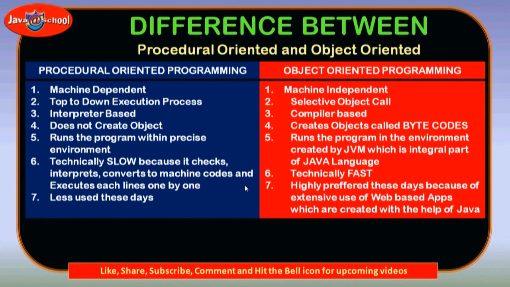And the last point, POP is used very less these days. It is not in trend as compared to object-oriented, because object-oriented is the latest trend, the high-level language that we use, and you find it almost everywhere: colleges, universities, schools, higher educational syllabus.